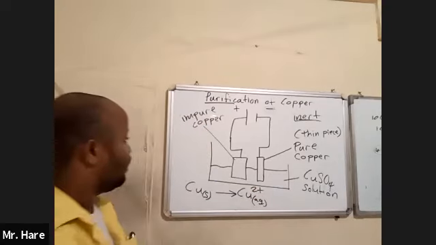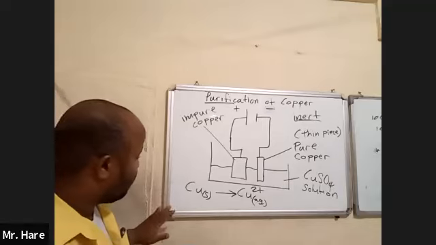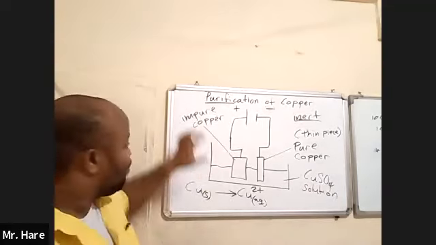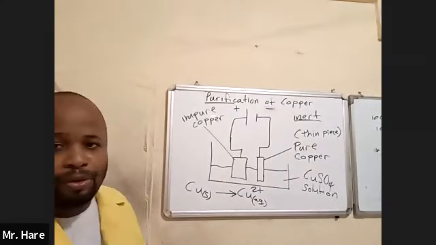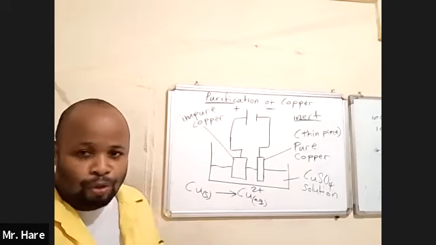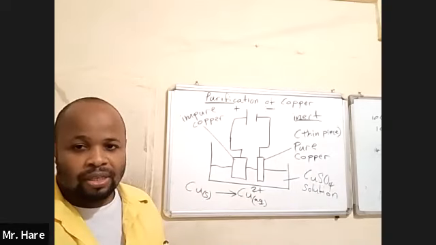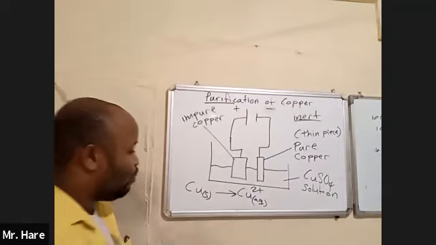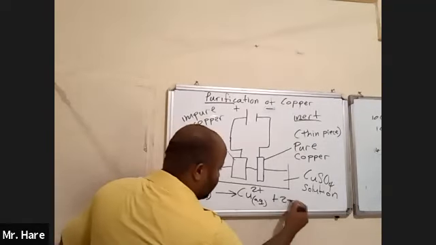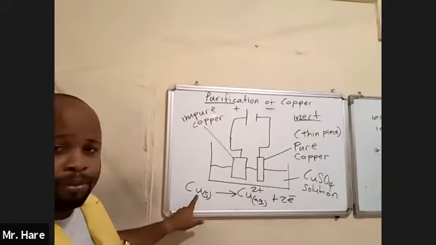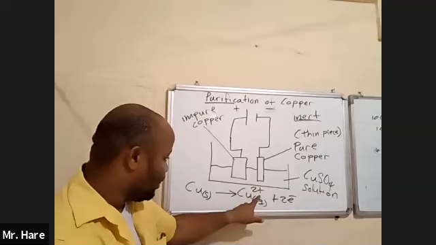All right. So for the purification of copper, at the anode, your impure copper is going to be oxidized. That means the copper atoms are going to lose electrons, which means that you are going from the copper atom to the copper ions.